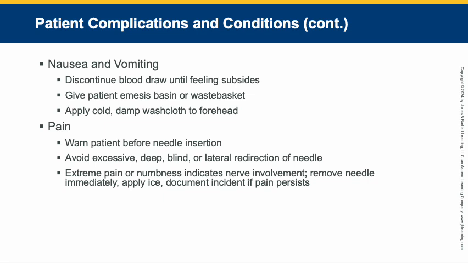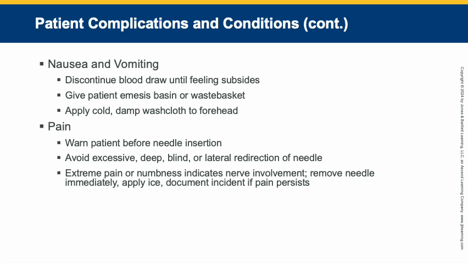Marked or extreme pain, numbness of the arm, a burning or electric shock sensation or pain that radiates up or down the arm during a venipuncture indicates nerve involvement and requires immediate removal of the needle. If pain persists after needle removal, consult with the patient's physician or other appropriate personnel and document the incident.